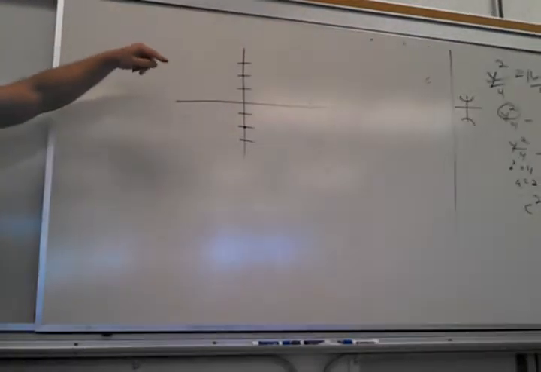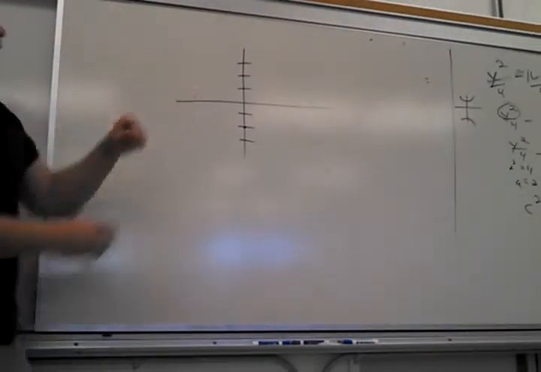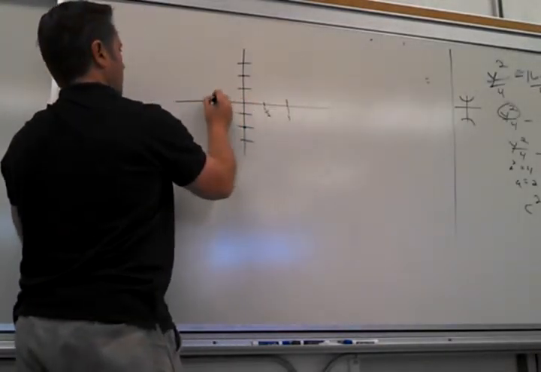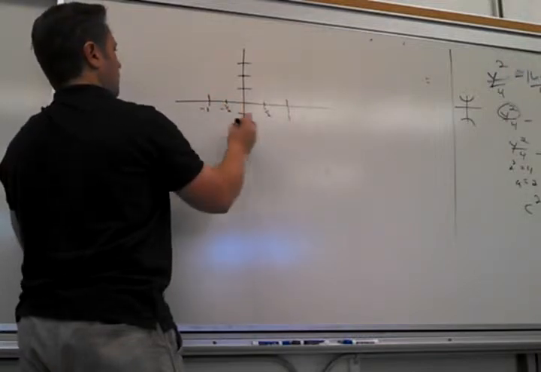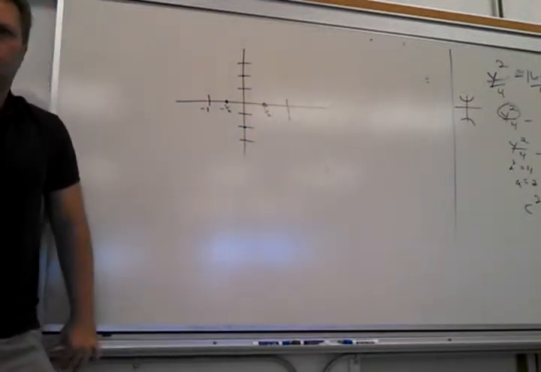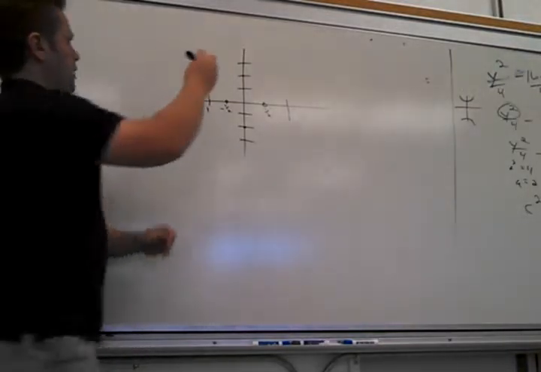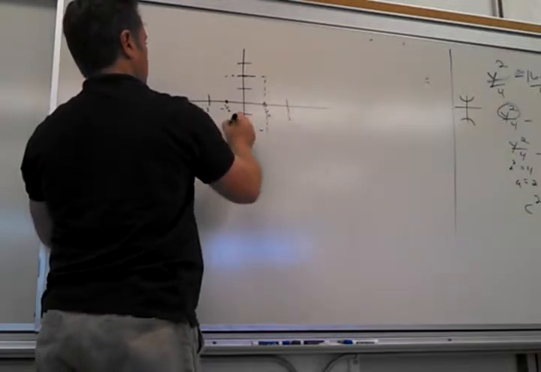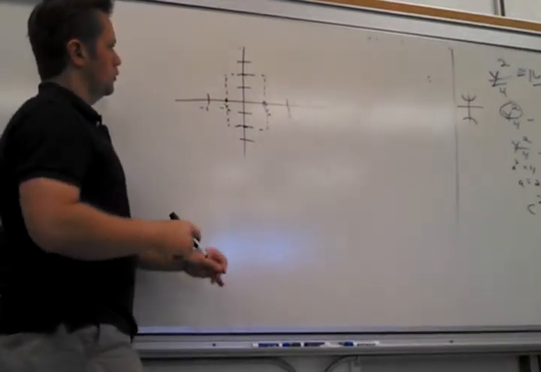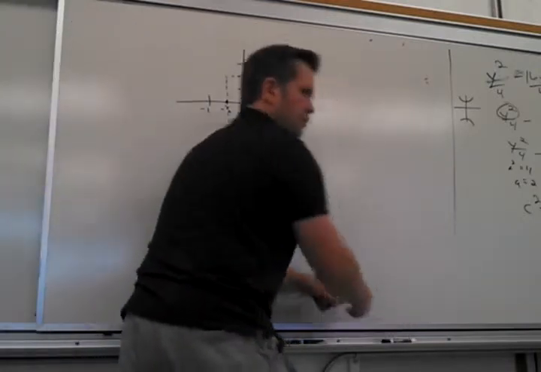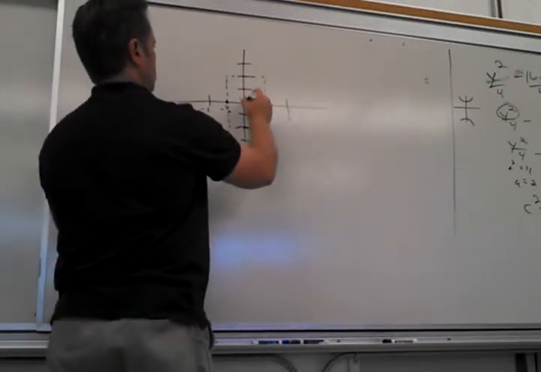How far am I going on the x-axis? 1/2. Put a little open circle there, because it's not really a point on your graph. And then you make a box. What do you draw out of there? Asymptotes.